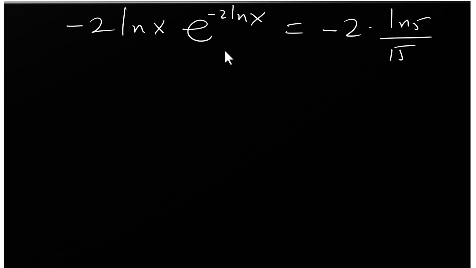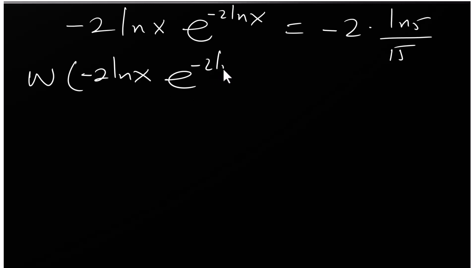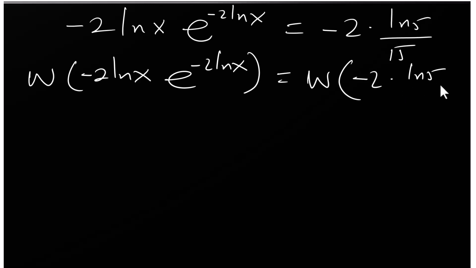So we have W function of this, W function of minus 2 times ln of 5 on 15.